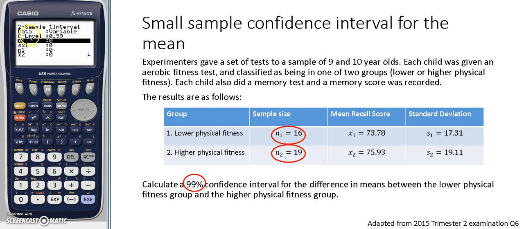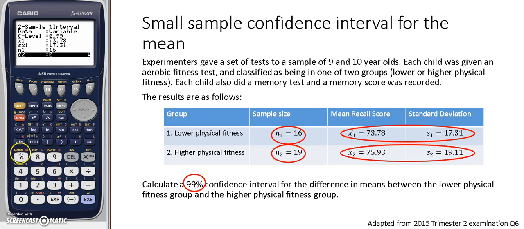We then need to enter the sample mean and the sample standard deviation for the first group, and the sample size for the first group, which is 16. And we enter that similar information for the second group.